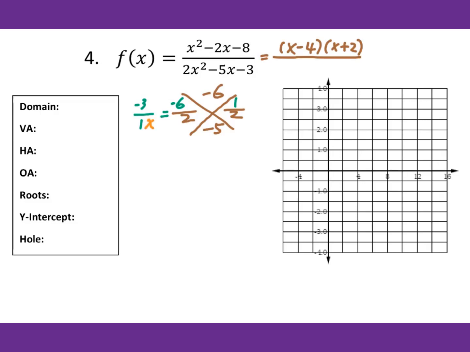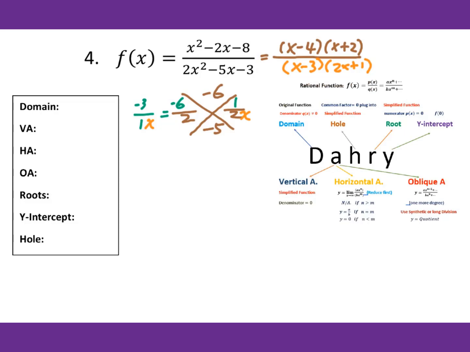Reduce, so we get x minus 3 and 2x plus 1. For the domain, we set the denominator not equal to 0, so x is not equal to 3 and negative 1/2. Since we don't have a common factor, the vertical asymptote lines will be x equals 3 and x equals negative 1/2.